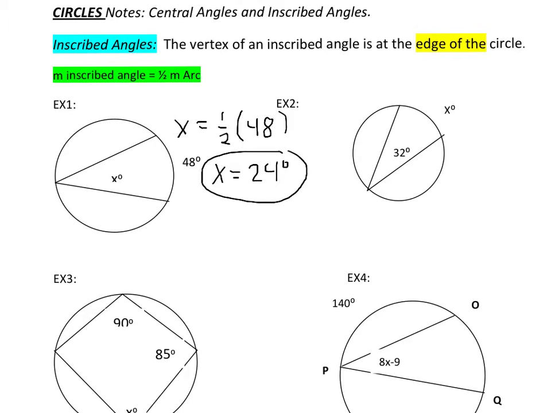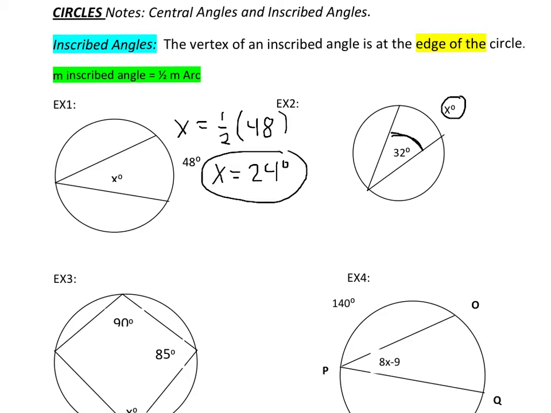What if we're given the inscribed angle and we're asked to find the measure of the arc? In this case, we do the opposite. If the inscribed angle is 32, then the arc is twice the value of the inscribed angle.